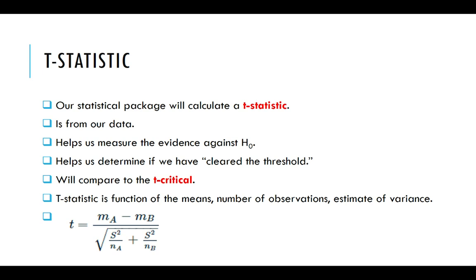But our T statistic is that equation right there. And you see it's a function of my two means, A and B, so smokers and non-smokers. It's a function of S, our sample sizes, N_A and N_B, the number of smokers, number of non-smokers, and our estimate of the variance, right?